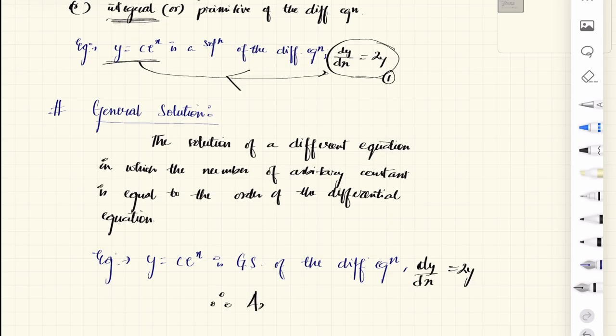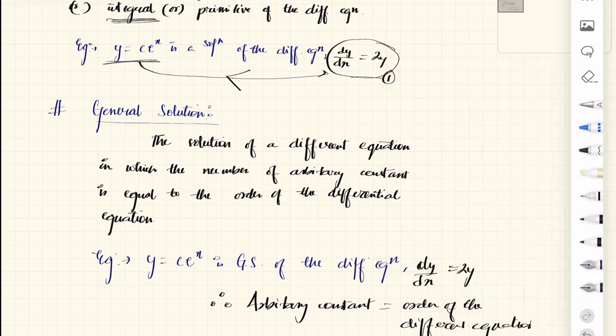The number of arbitrary constants is equal to the order of the differential equation, right? Here we have only one arbitrary constant, and what is the order of this? It's only 1.